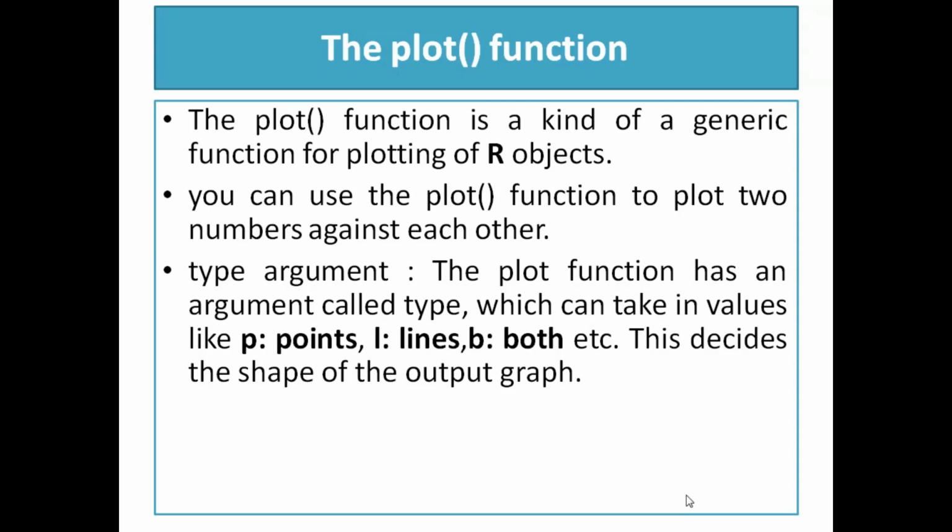If it is type equals to l, it will show the lines. If you want both, then you have to take the value as b. So it decides the shape of the output graph, whether you want a line graph or points. Depending on the type argument, it will show you the exact graph.